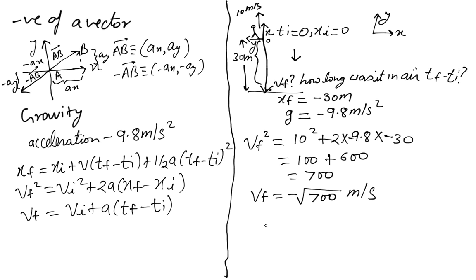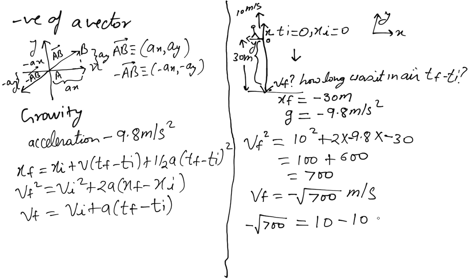Now the time of flight. How to find the time of flight? For that we can use the last formula, the third one. We already have vf, so we can say minus square root of 700 equals vi, which is 10, minus 9.8, let's take it as 10 to keep it simple, times (tf minus ti).